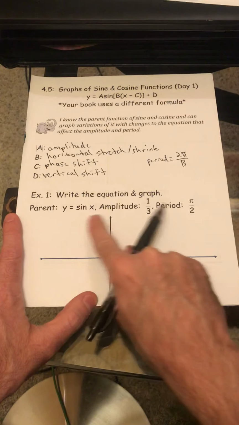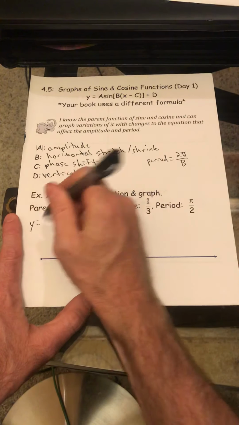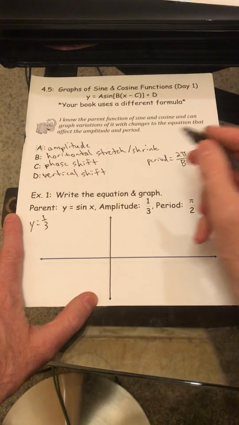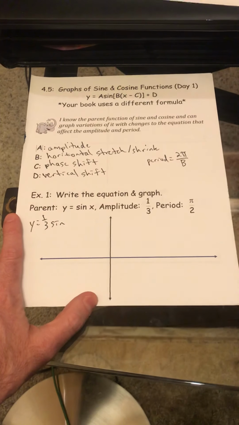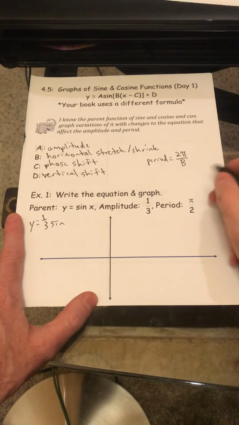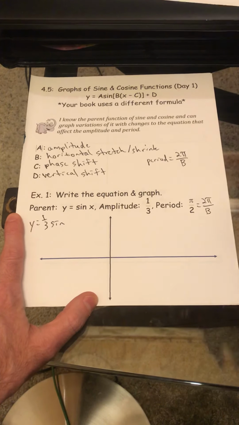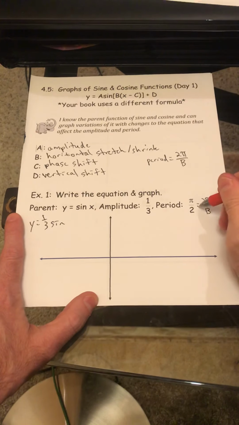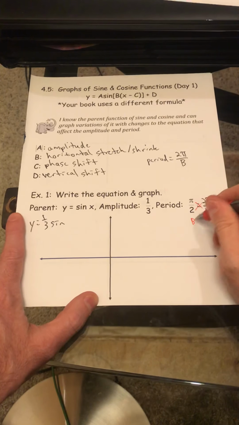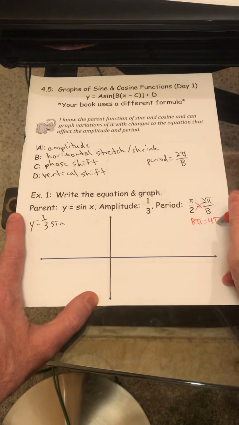So for our equation, y equals 1/3 sine, and then the other thing we need to do is we set the period equal to 2 pi over b, and then what I like to do is cross multiply. So b pi equals 4 pi, so b is 4.